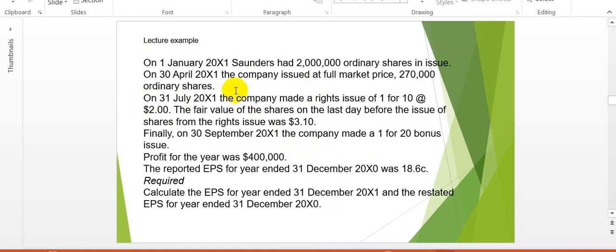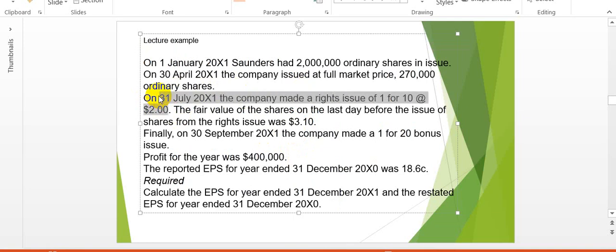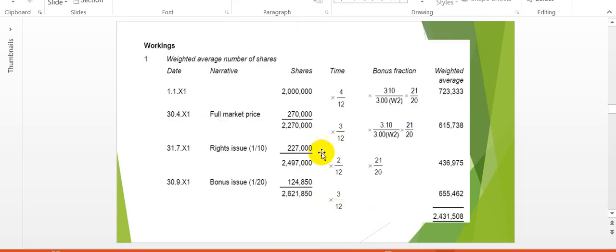There was a rights issue on 31st July. So from 30 April, we start with May, June, July. So from May to July, 3 months, we had 2,270,000 shares. So you do a weighted average for those 3 months. We ignore the bonus fraction for now.